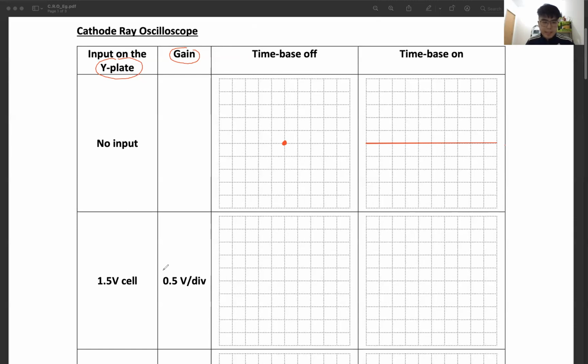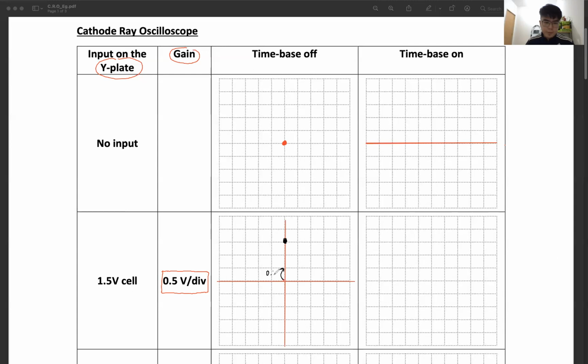And if my gain is 0.5 volt per division, 意思是说一个格子是 0.5 volt，所以这里是 let's say 这个是 equilibrium，我画那个 XY axis 先。So where will my dot be? 1.5, so it will be 1, 2, 3 boxes up. The dot will be here.